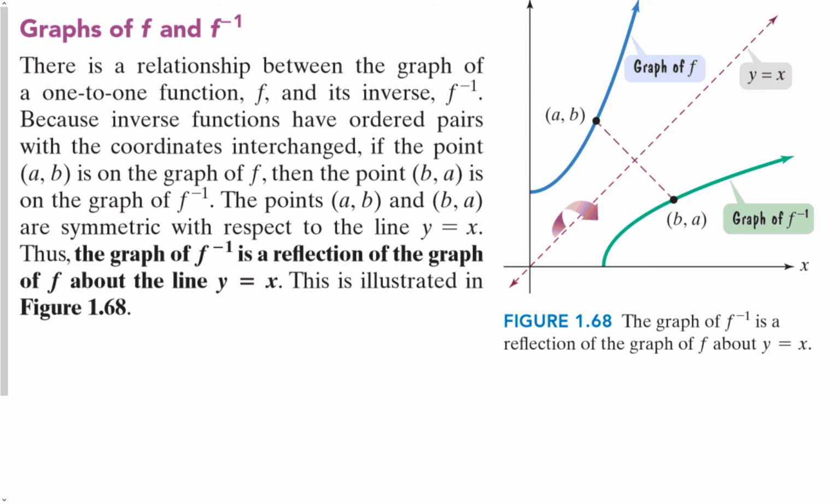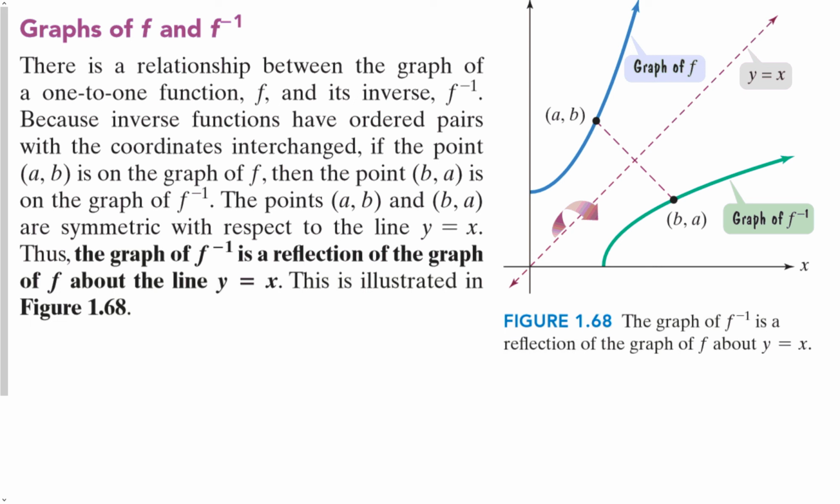So let's talk a little bit about the graphs. Now that we know that in order for a function to have an inverse function, it has to pass the horizontal line test, let's talk about the relationship between the graph of a one-to-one function f and its inverse, f inverse.